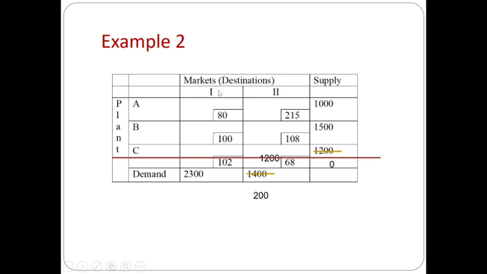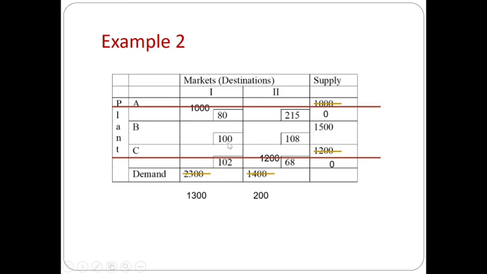Then we have to look for the least cost among the remaining matrix. Here it is 80, and here we can allocate 1000 units, and the remaining will be 0 supply and 1300 units of demand.